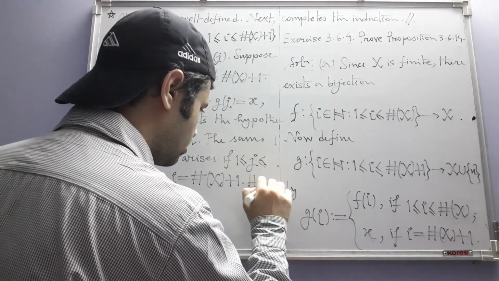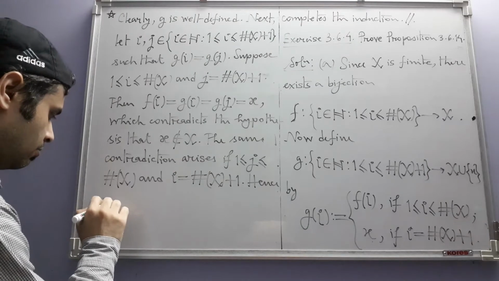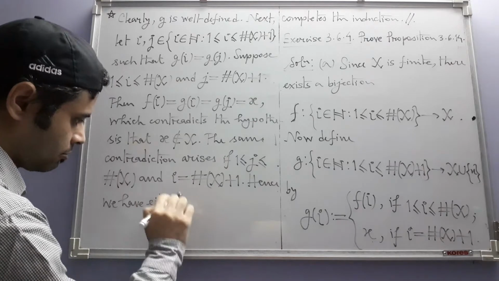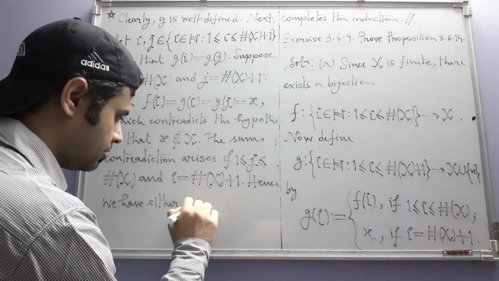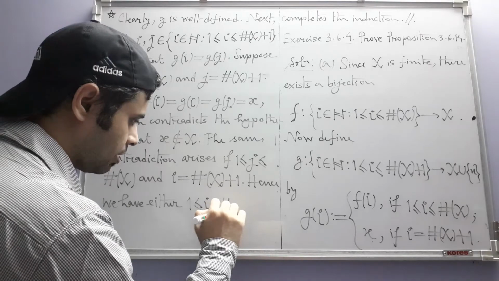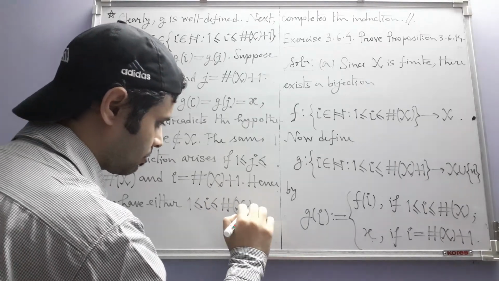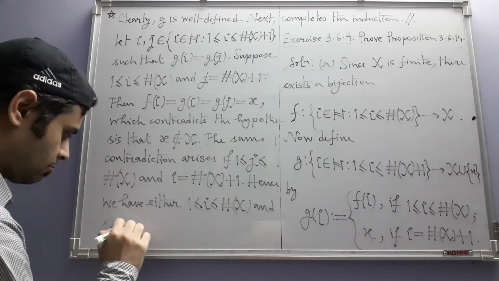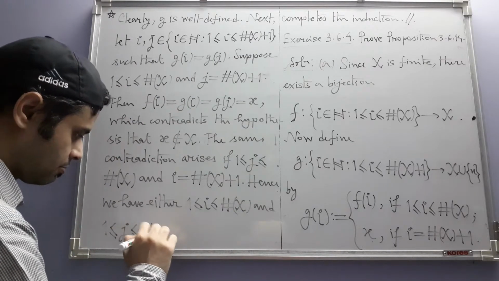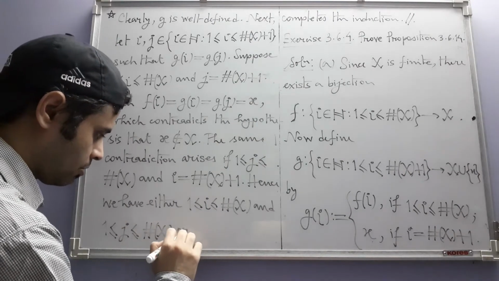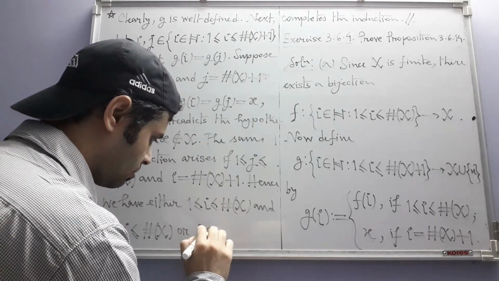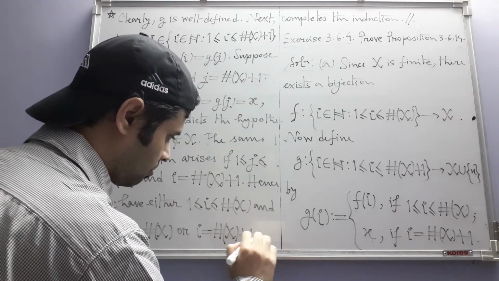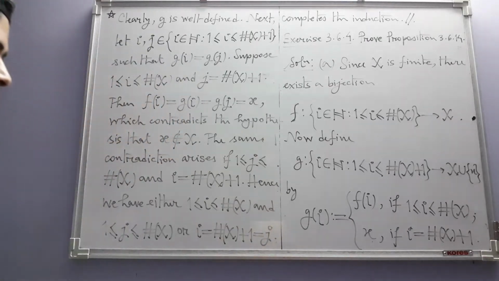Hence, we have either I and J both satisfying these inequalities, or I and J both equal to this.